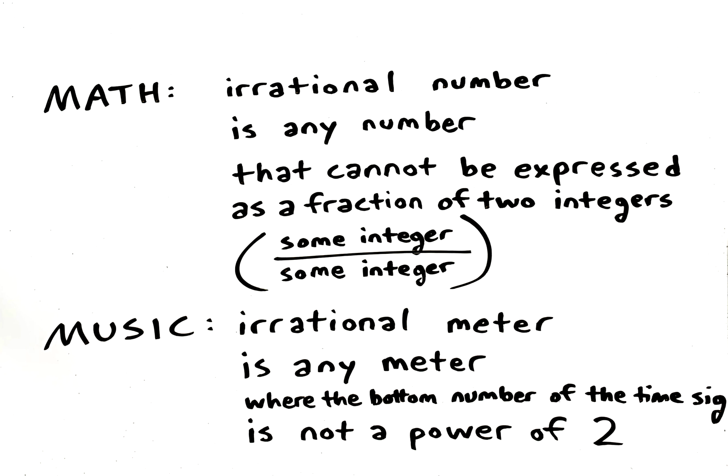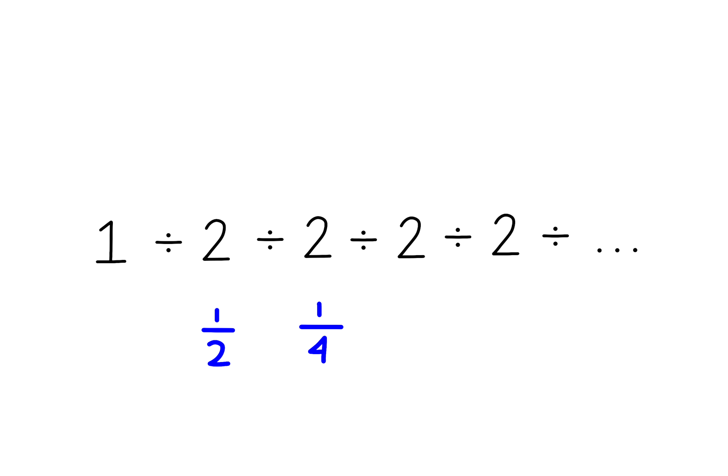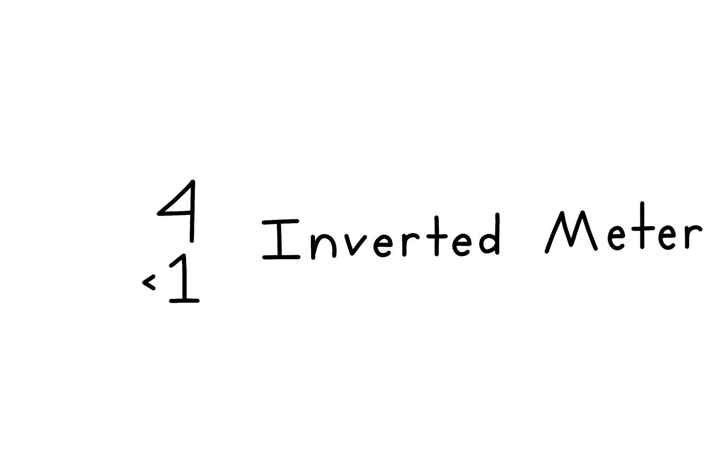Now, you can technically get more powers of 2 by starting at 1 and dividing it by 2 over and over again. This gives you 1/2, 1/4, 1/8, 1/16, and so on. If the bottom number is less than 1, then the meter could be called inverted meter, but this is very uncommon.